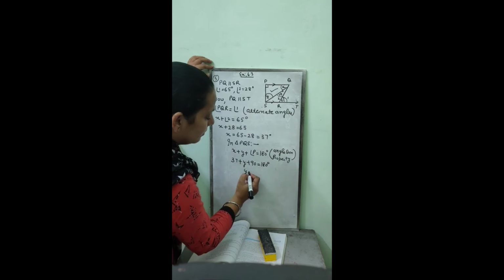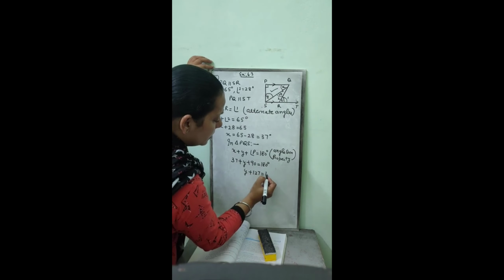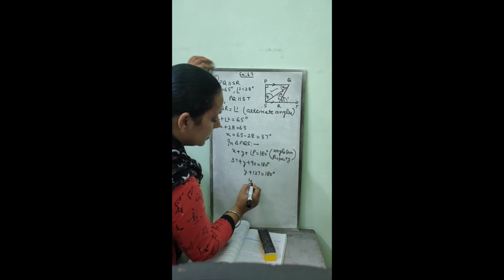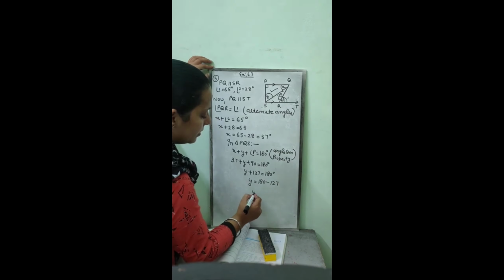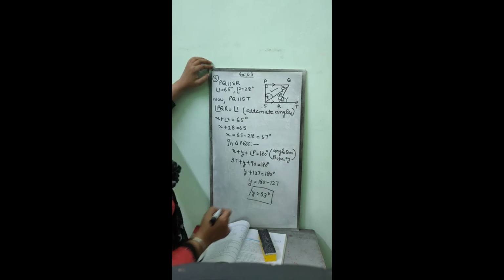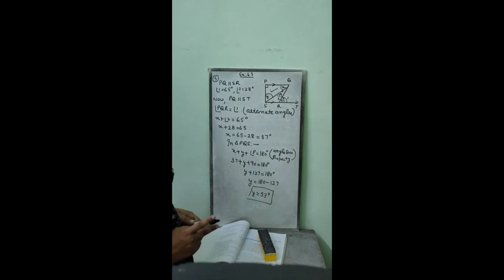This is 127. This 127 will go to the other side. 180 minus 127, the value of y will be 53. Is it clear? Give a 1 minute review to this sum thoroughly.